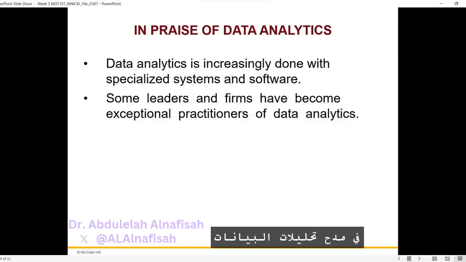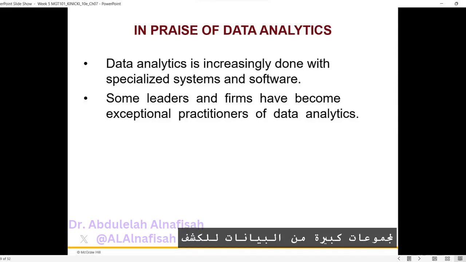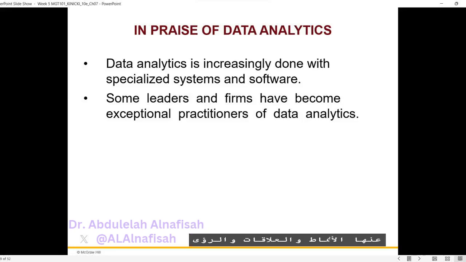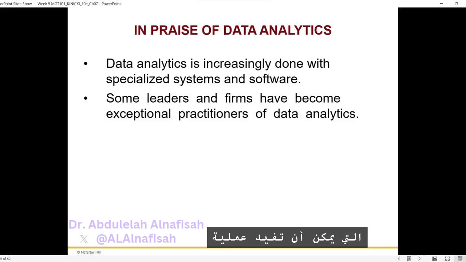Okay. In praise of data analytics, data analytics is indeed a powerful tool for evidence-based management. It involves the systematic analysis of large sets of data to uncover patterns, correlations, and insights that can inform decision-making and drive organizational performance.